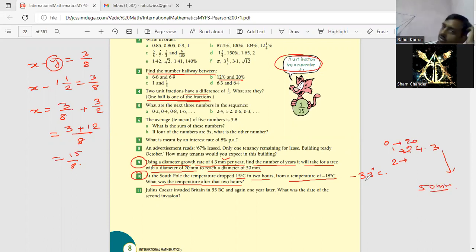Third year is 32.9. It's between 6 years and 8 months and 7 years. In 6 years and 8 months, it gives us 49.25.